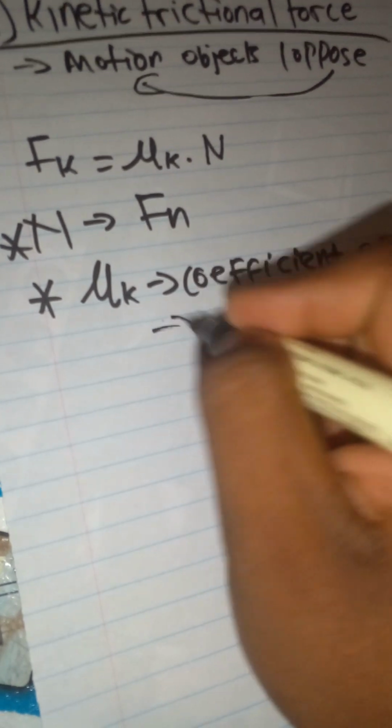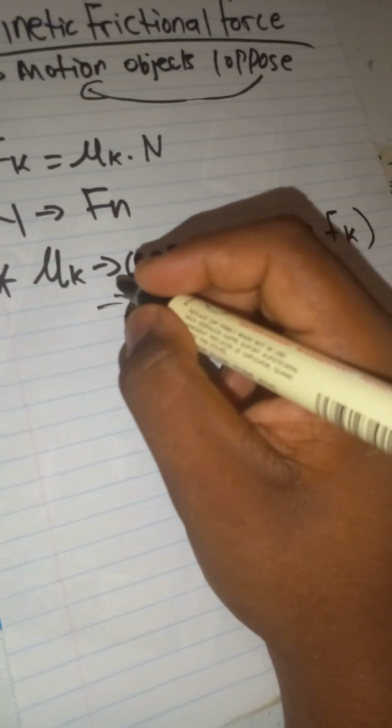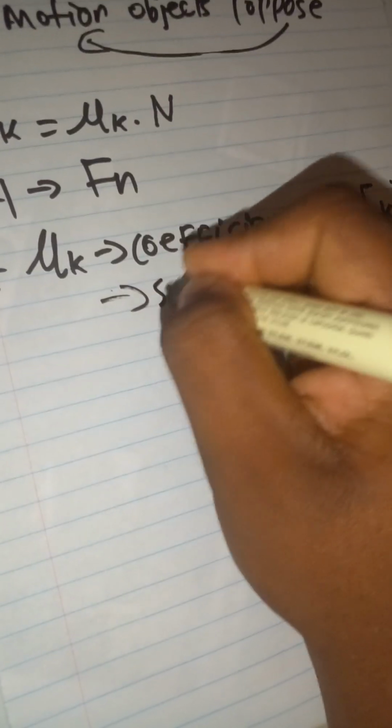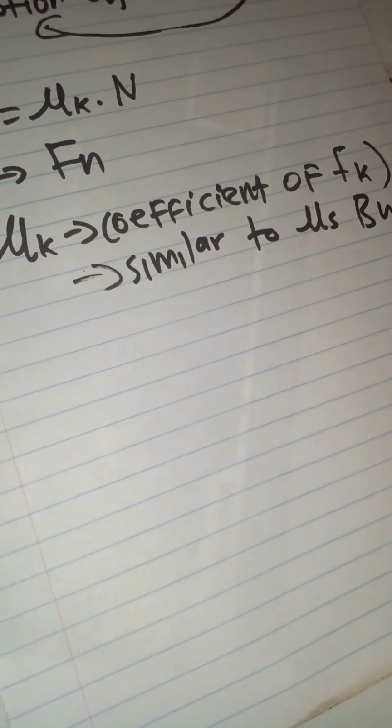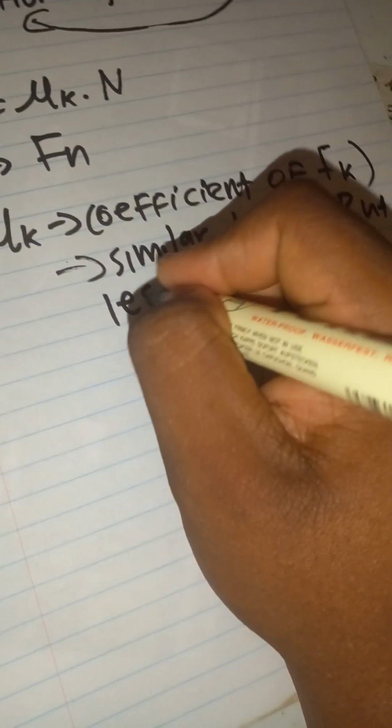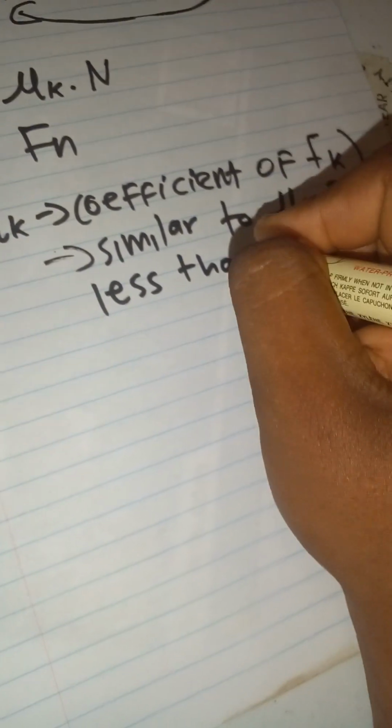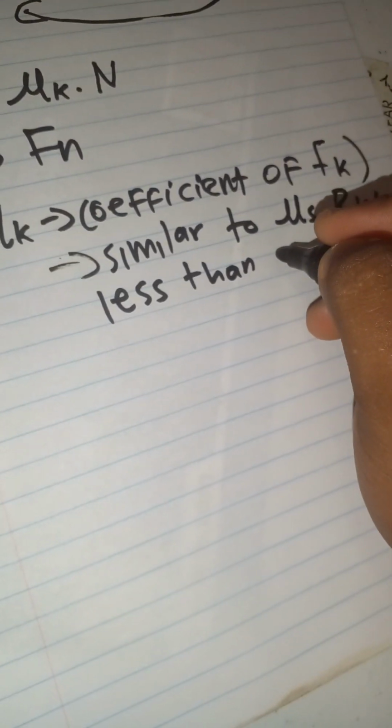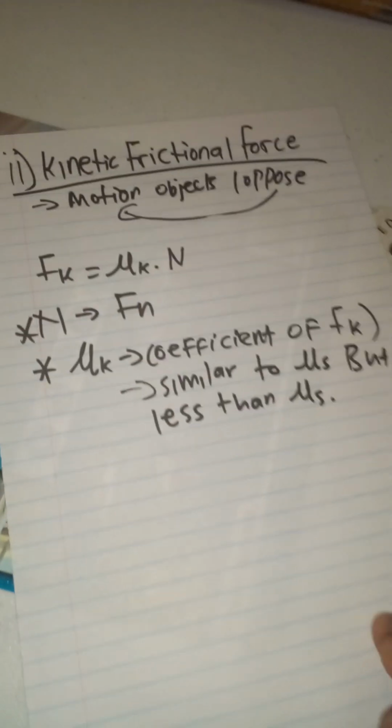The number 2 that you have to know about the very same mu k is that it is similar to mu s, but it is less than mu s. That's what you must know about the kinetic frictional force.